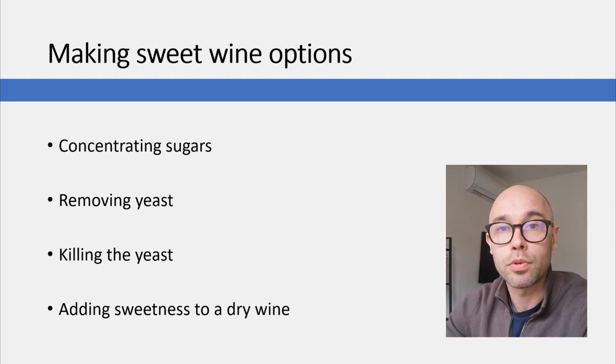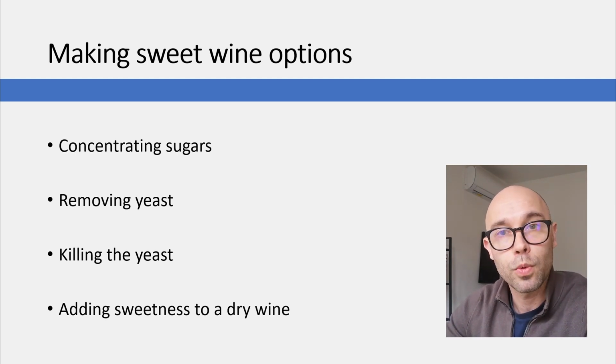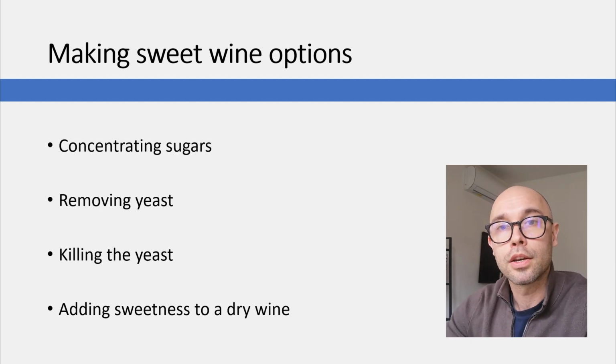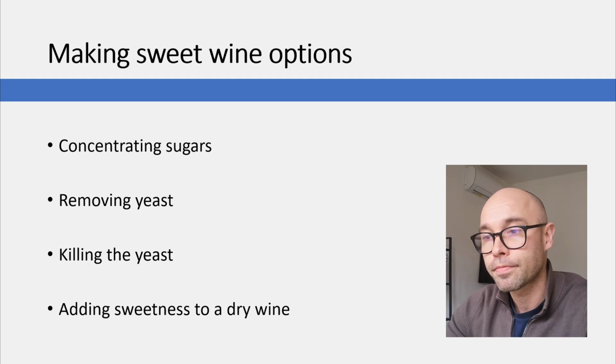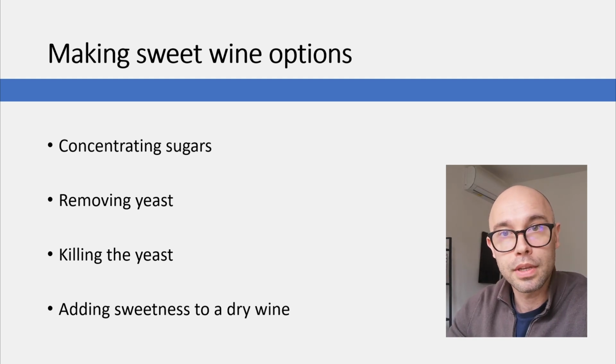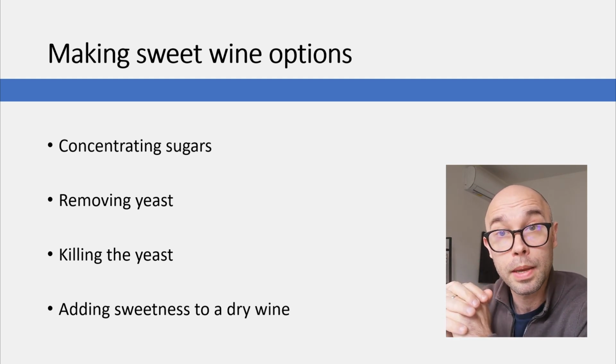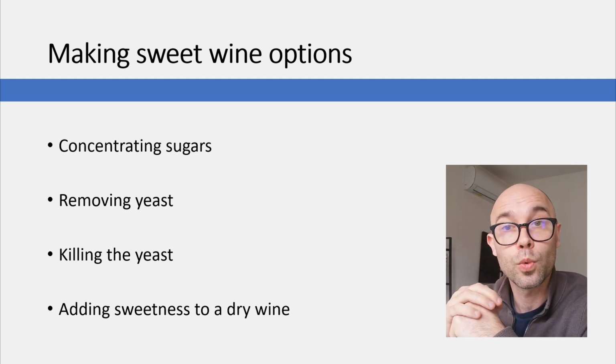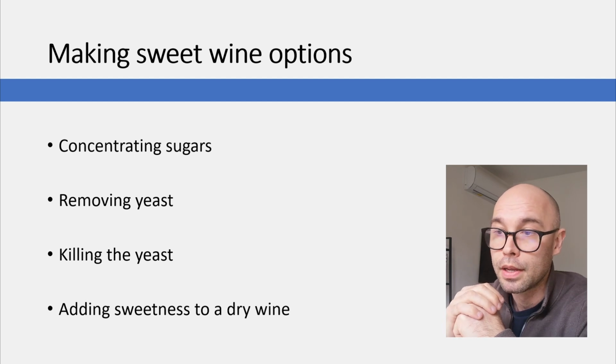Noble rot is also a way for natural grape sugar to get more concentrated. And the other way is ice wine, where lower temperature freezes the water inside the grapes.